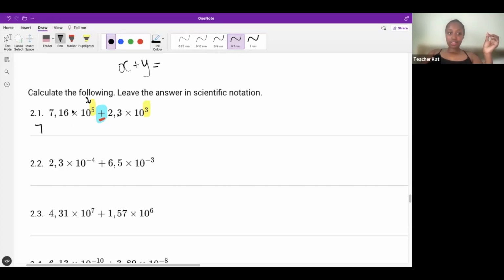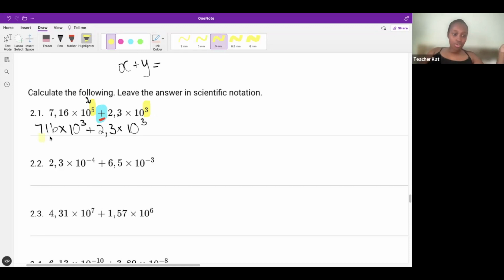Twice, right? So then it'll be 716 times 10 to the power of 3 plus 2 comma 3 times 10 to the power of 3. And now they are like terms, so we can add the coefficients.